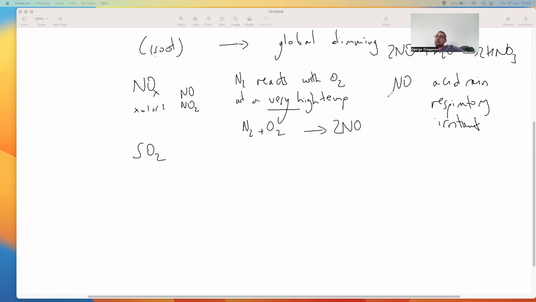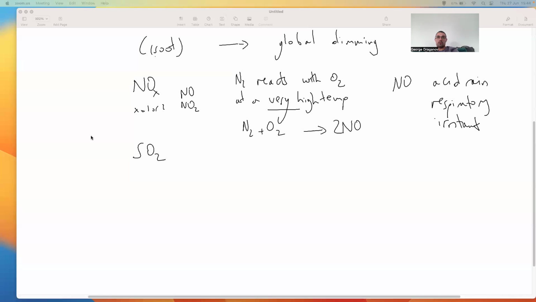That doesn't balance. So that's a bit of a sticky point, actually. You can use NO or you can use NO2, but unfortunately, if I do this, it makes 5 oxygens, which is still not correct. So I'm going to come back to balancing it in a second.